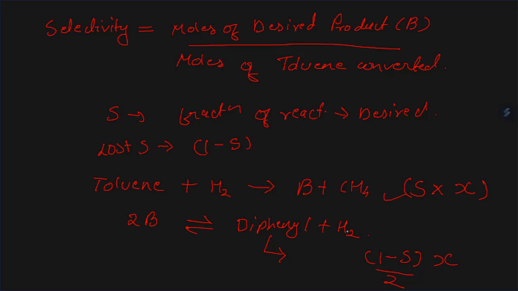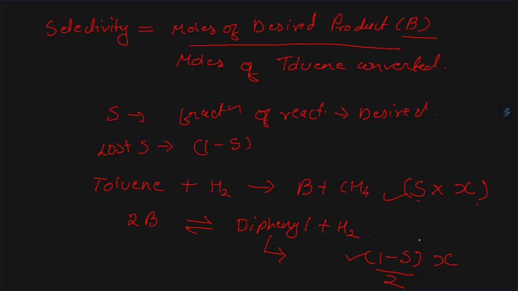So these two things are very important to understand. Let me explain once again what exactly I did. Selectivity is nothing but moles of desired product, which is benzene, formed by the conversion of toluene. That is S, and X is what is converted into the product, so I am multiplying with X to get the moles of benzene.